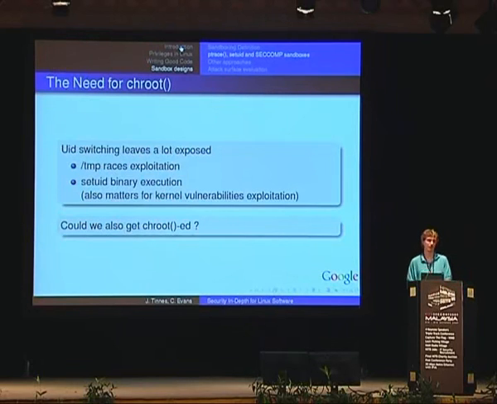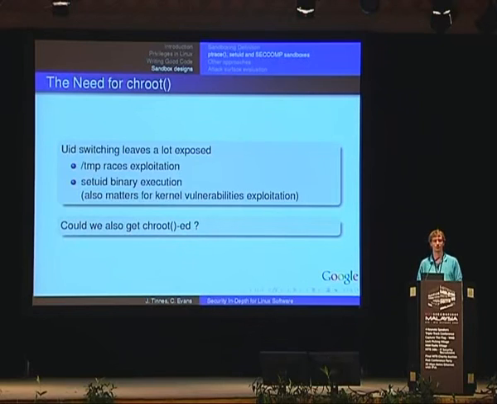However, even by doing that, we were pretty okay, but still, it leaves a lot exposed. If you only do UID switching, you still have a lot which is exposed. So for instance, you could exploit /tmp races, which is a very common security problem. You could also exploit SetUID binaries, which might have some vulnerabilities.